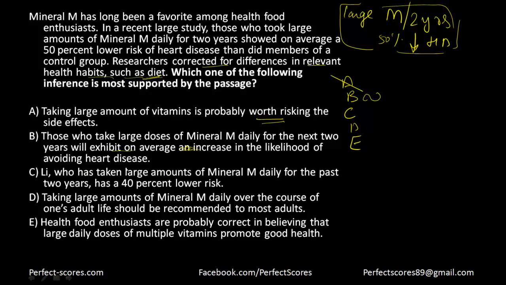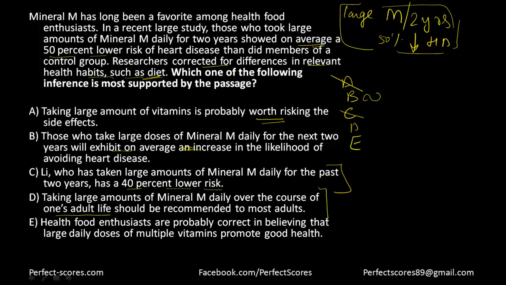C says, Lee, who has taken large amounts of mineral M daily for the past 2 years, has a 40% lower risk. This we cannot tell, because remember, over here we had information on average. Average does not mean that every person of that group will have a 50% lower risk. Some may have a 70% lower risk while some may have a 30% lower risk. We cannot be sure that Lee has a 40% lower risk, so C is obviously wrong. D says, taking large amounts of mineral M daily over the course of one's adult life should be recommended to most adults.